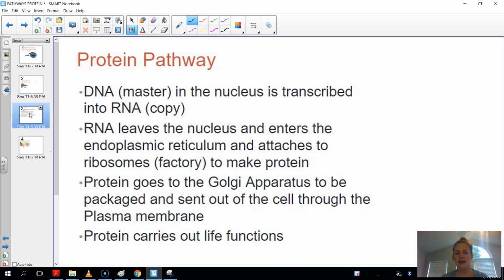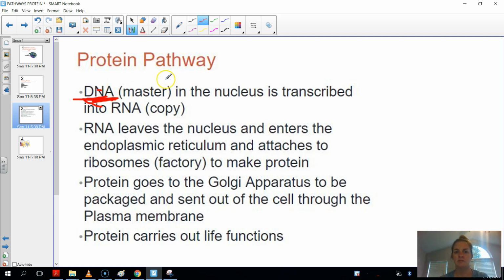So the first thing that happens is with the nucleus part, and we'll do red. Okay. So if you recall, the nucleus has DNA inside of it, okay? So here we have the DNA. The DNA is actually inside the nucleus, and if you remember, DNA is not allowed to leave the nucleus.